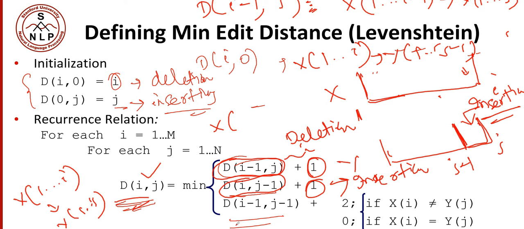Now in the third case, till this point we know i minus 1 and j minus 1. We have already transformed x[1..i-1] to y[1..j-1], and it is given by this.